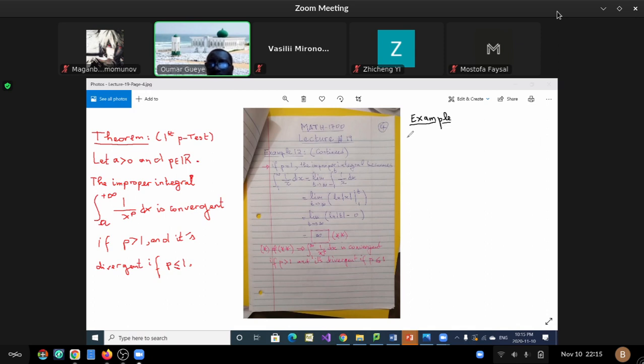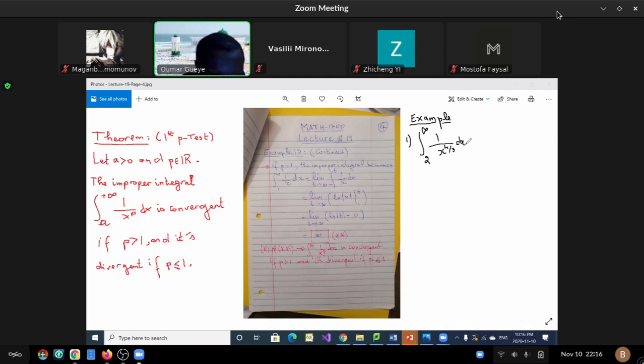All right. First example, you tell me, integral from 2 to positive infinity of 1 over x to the power... So in this case, is this integral convergent or divergent?